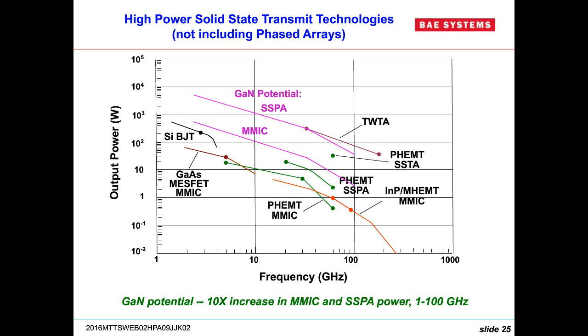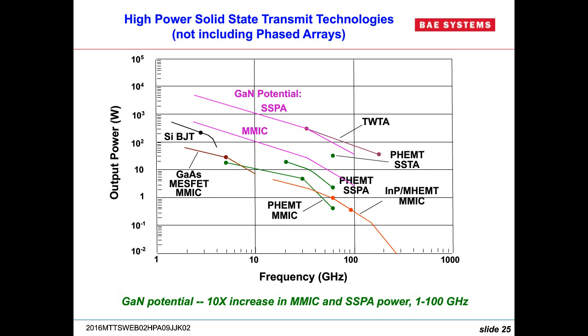There's one exception with the tubes that I have on there, and that's the traveling wave tube amplifier. GaN shows a bit of an inflection point somewhere around 40 gigahertz or so, where its performance rolls off as a function of frequency. That doesn't happen with the traveling wave tube amplifier.